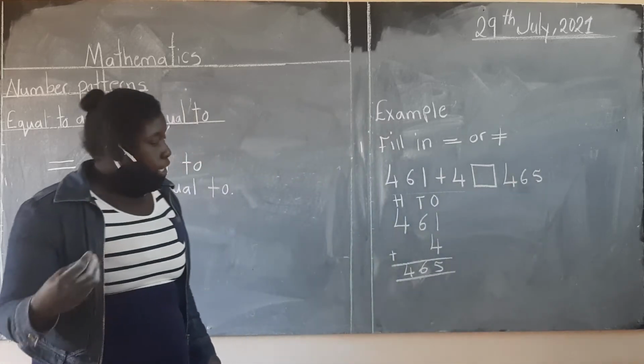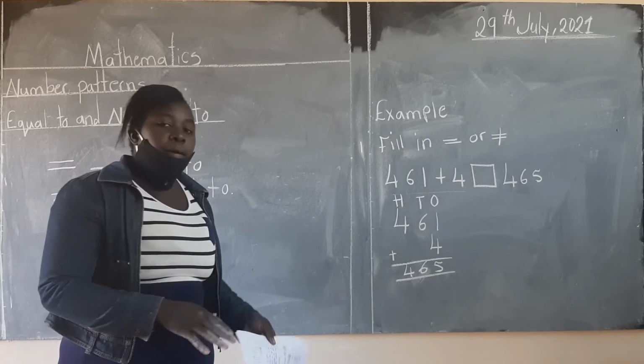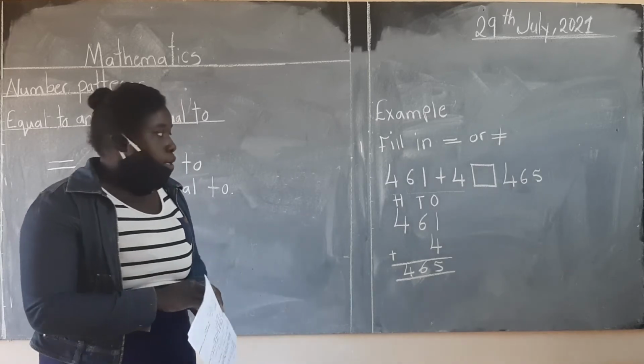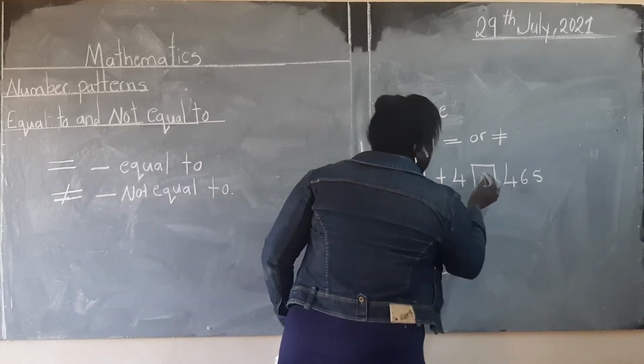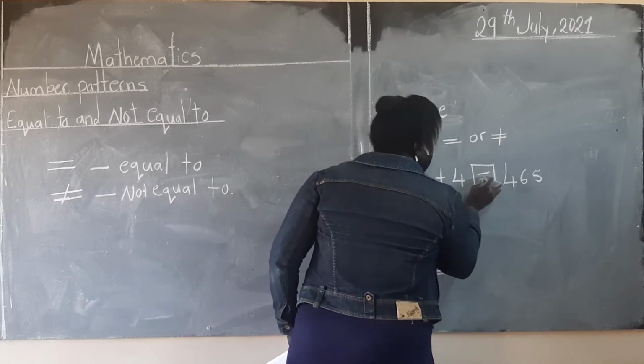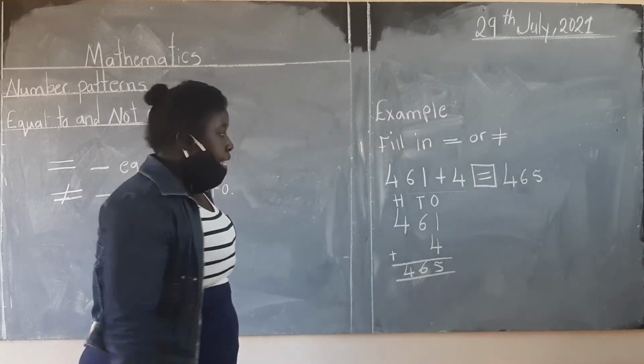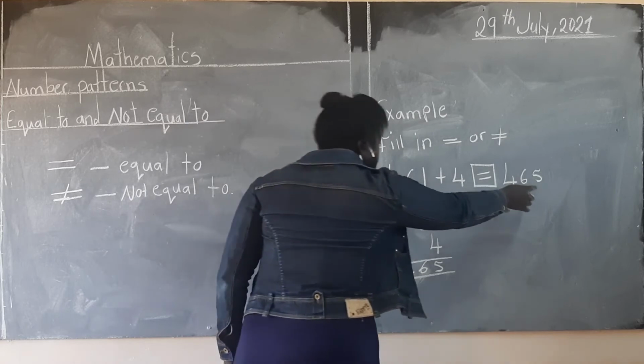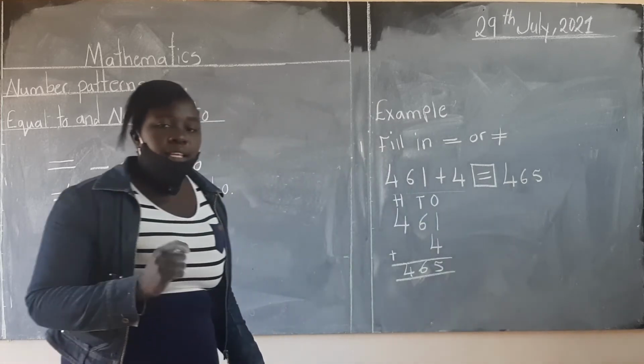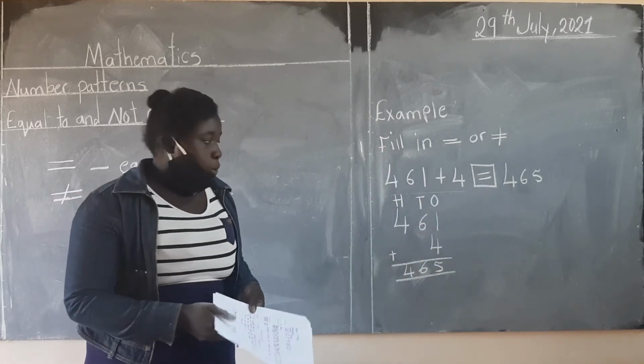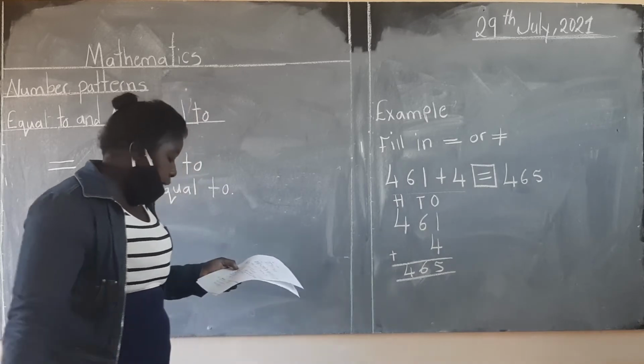Meaning there's no greater number, there's no lesser number. They are all the same. So the symbol that we are going to put here is the symbol for equal to. This number here and that number there are one and the same. They are all equal. Okay? So that was our first example.